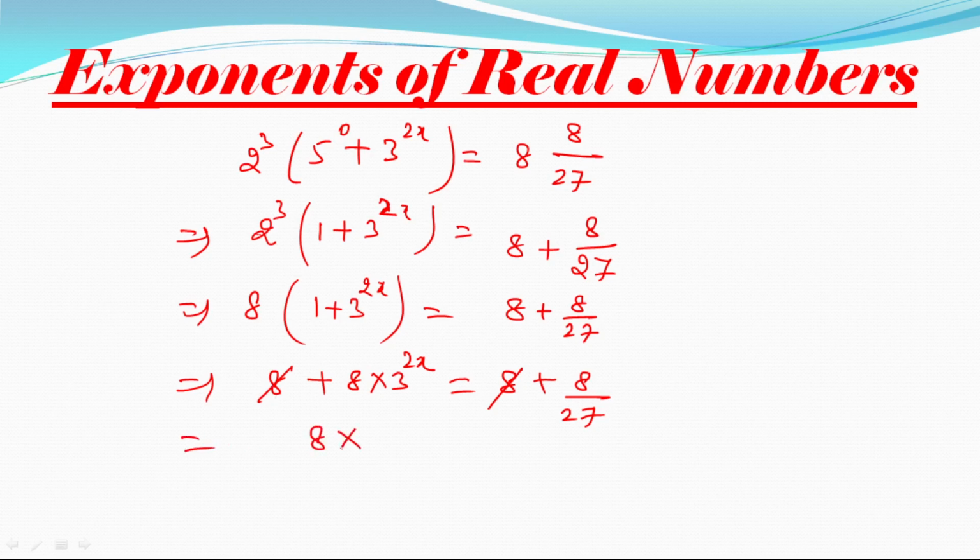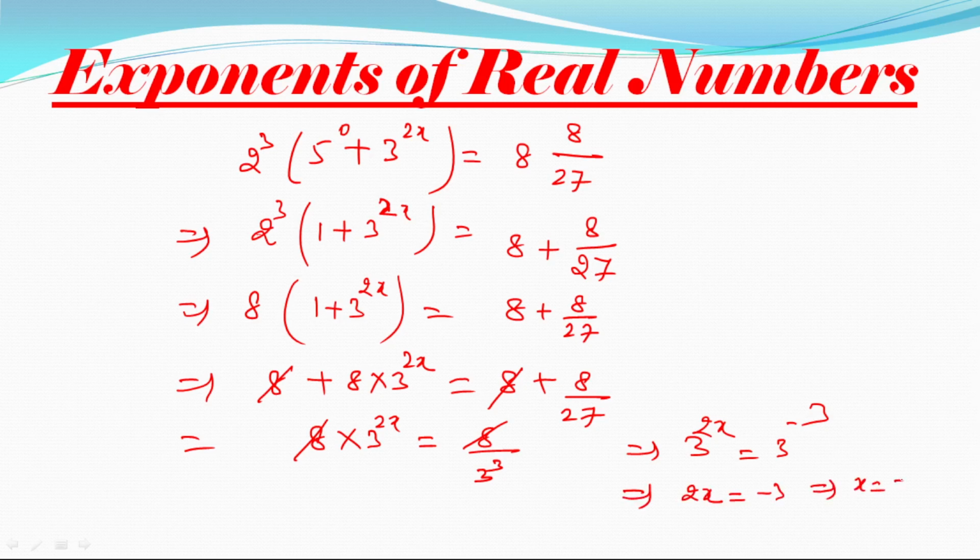Further, 8 into 3 to the power 2x is equal to 8 by 3 to the power 3 we can write. So this 8 will get cancelled, left with 3 to the power 2x is equal to 3 to the power minus 3. Again bases are same, so it is giving us 2x is equal to minus 3. Further, x is equal to minus 3 by 2 will be the answer.